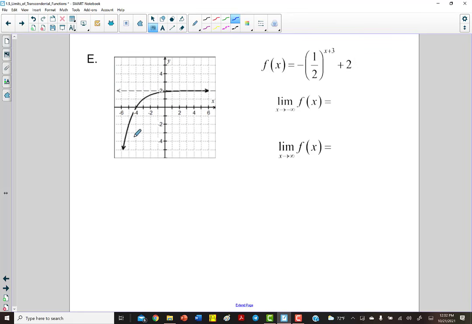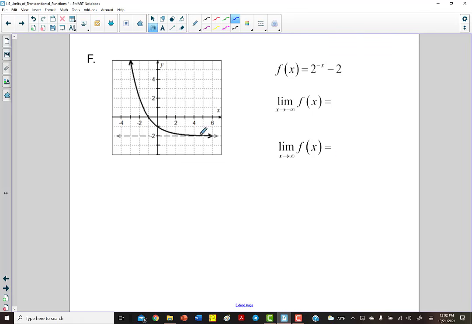On part E, we see an increasing function here as you read the graph from left to right, and we have an a value that's -1 and a base of 1/2. So this is going to cause our function to be increasing, and the limit at negative infinity is negative infinity because we're unbounded downward, but the limit on the right is heading to the horizontal asymptote. That would be +2 in this case.